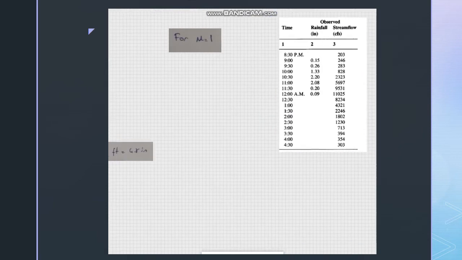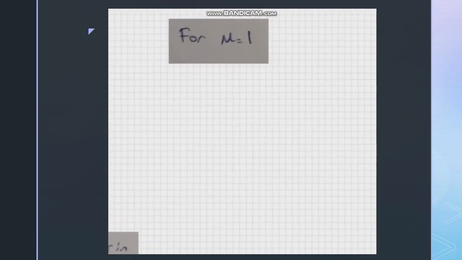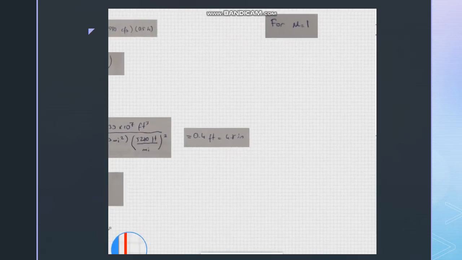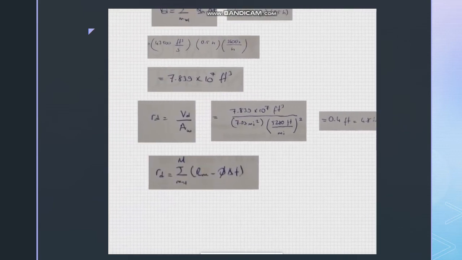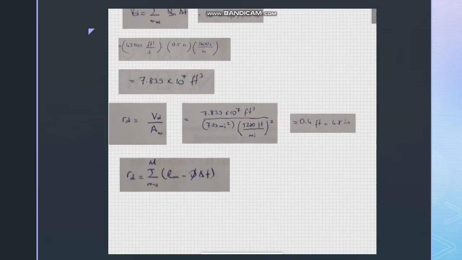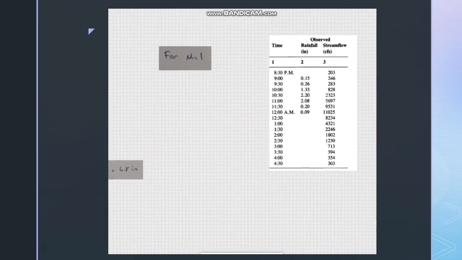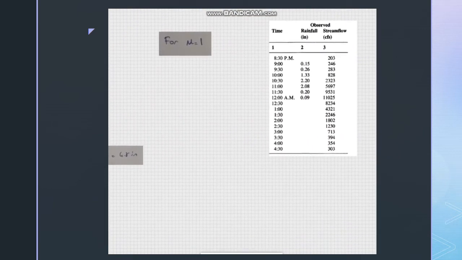In order to find this Rm, we just need to add this 2.2 and RD. We know that RD is 4.8.